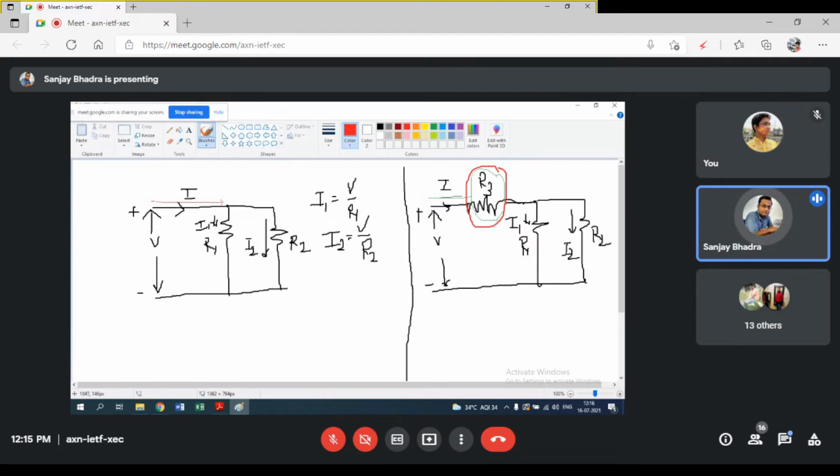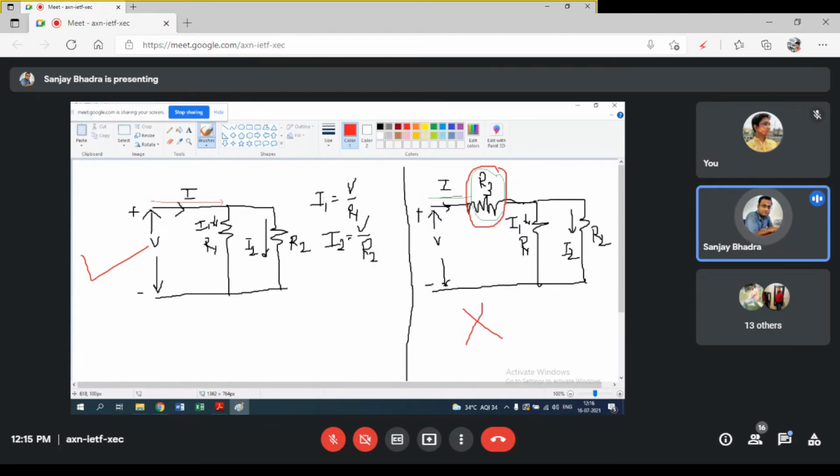If the situation is something like this, then you cannot use this current division rule. It is only applicable for parallel combinations. This is a parallel combination, but there has been a drop because of the presence of R3, which is why this is not applicable.